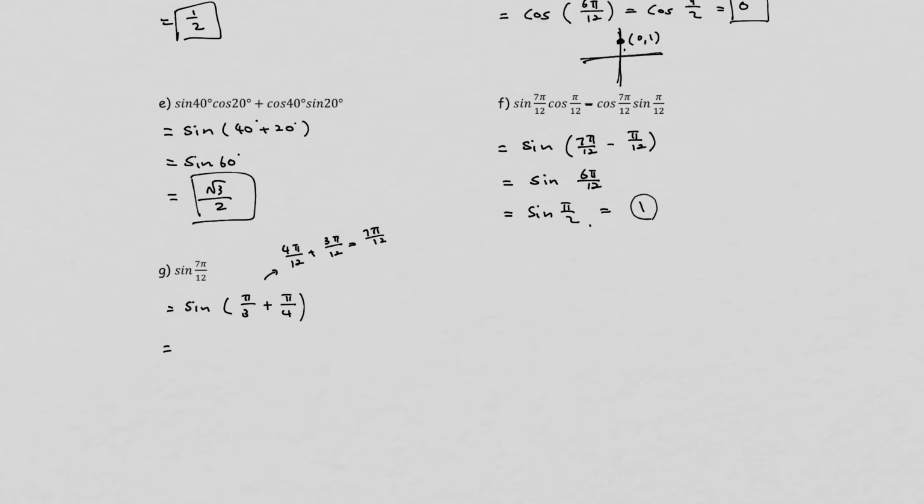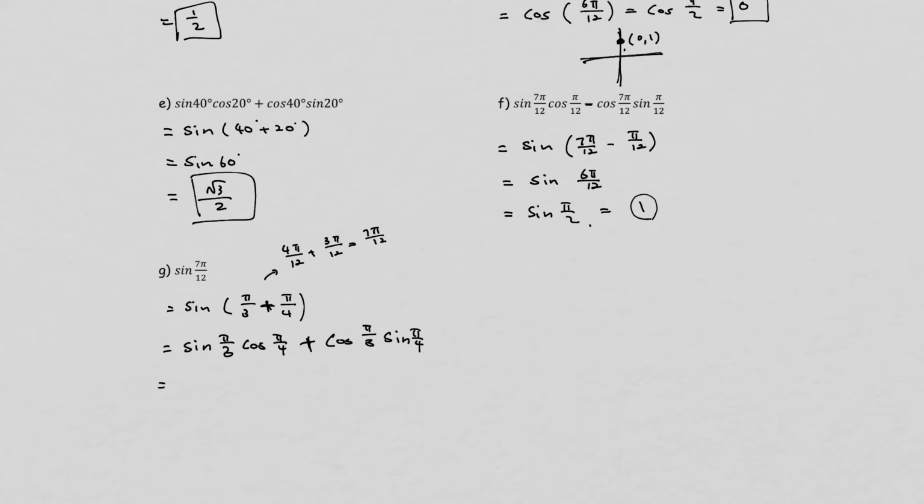If I have the sine formula with addition, I have to rotate. So I will do sine pi over 3 with cosine pi over 4 plus, same sign, right? Cosine pi over 3 with sine pi over 4.